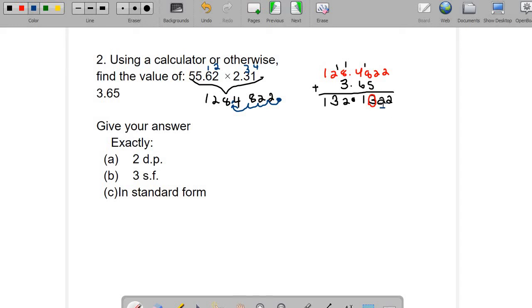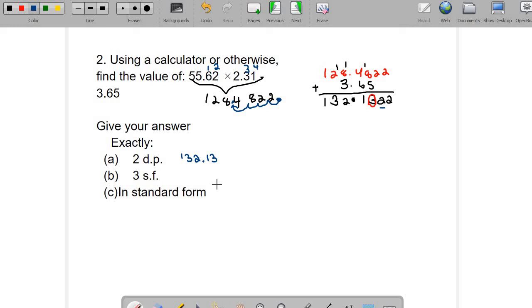Okay, so let's go ahead and round. Alright, so the digit behind it is less than 5, so we're going to round down. That means we're going to just remove everything that comes after the second decimal place. And our final answer is going to be 132.13, and that's it.